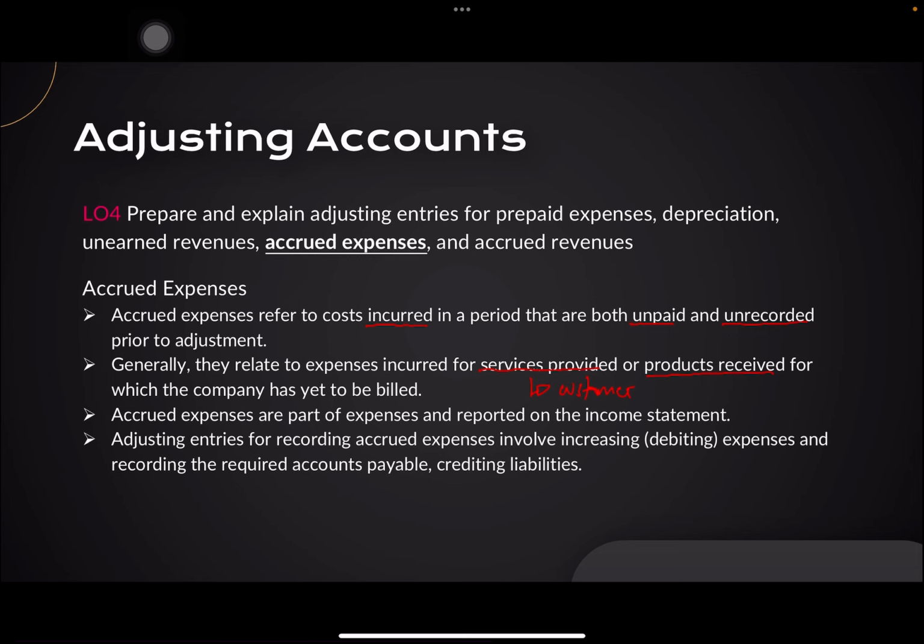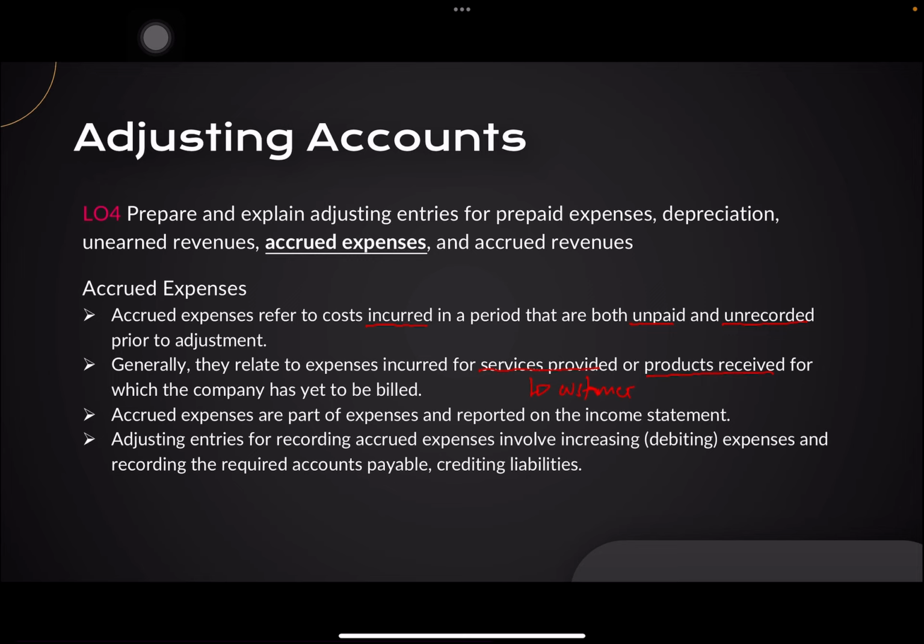Okay, but you were not requested or asked to pay it yet. Neither the seller nor the service provider has billed you yet of the final amount. Accrued expenses are part of expenses and reported in the income statement.